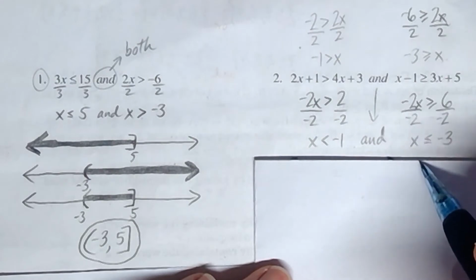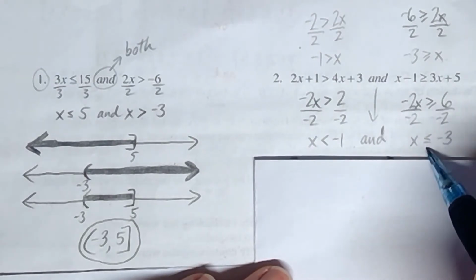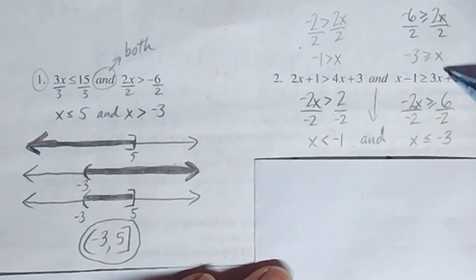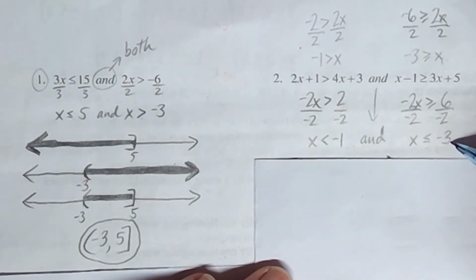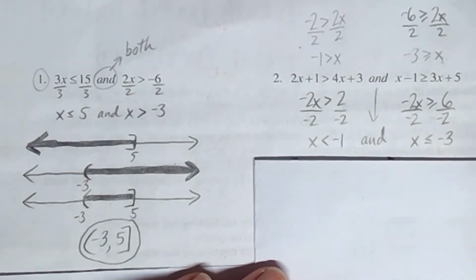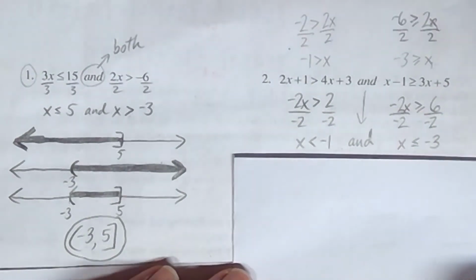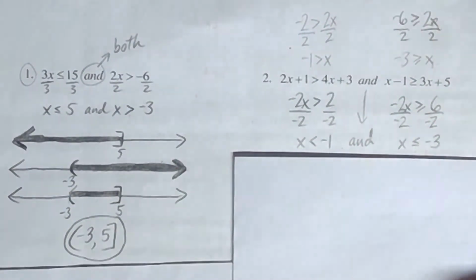I had to divide by negative 2, which meant that I had to flip the inequality because I divided by a negative. You can see that these two answers are both the same answer because the alligator is eating the negative 3 in both of them. And so they are equivalent even though they look different. They're written in a different order and all that.